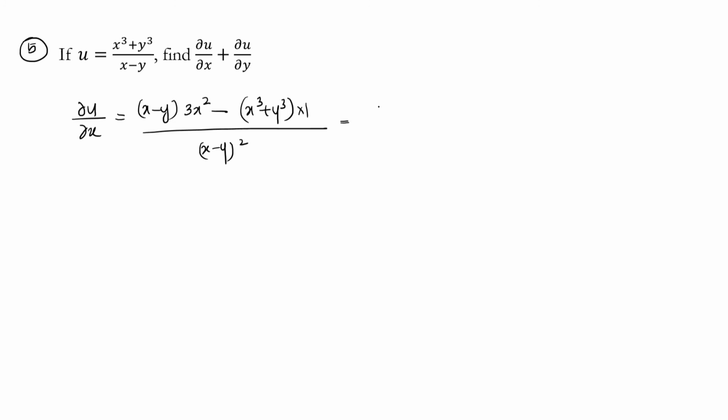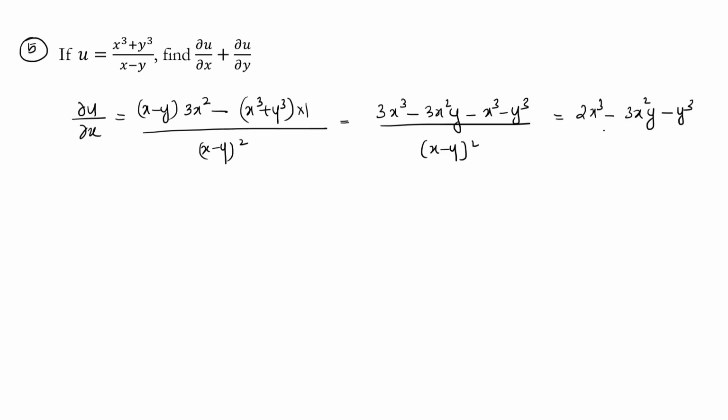This is equal to 3x cube minus 3x square y minus x cube minus y cube divided by x minus y the whole square. This is equal to 3x cube minus x cube, which is 2x cube, minus 3x square y minus y cube divided by x minus y the whole square.